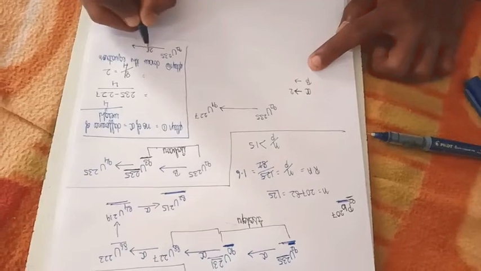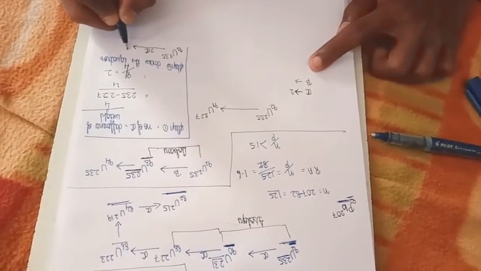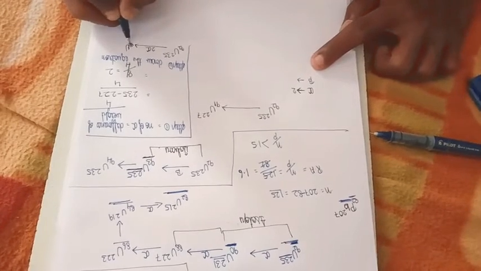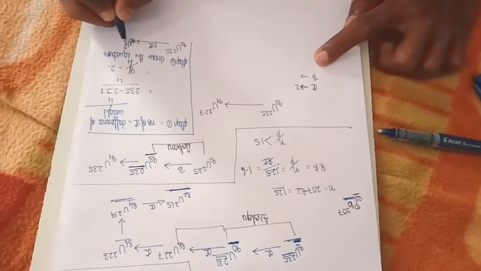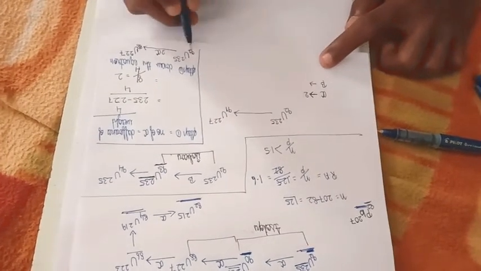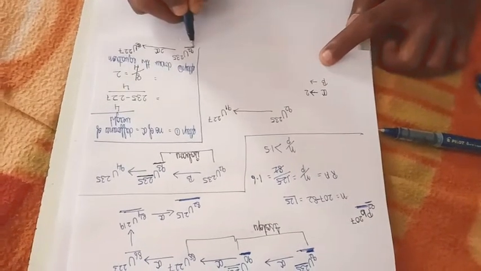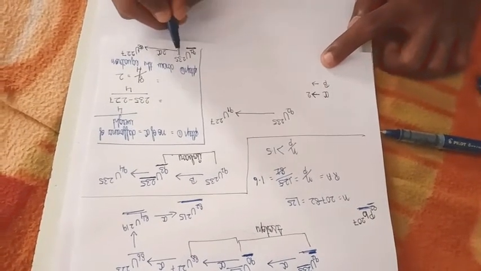With 2 alpha, it becomes 88 and 227. If we put 2 more alpha, it changes both atomic number and atomic mass.